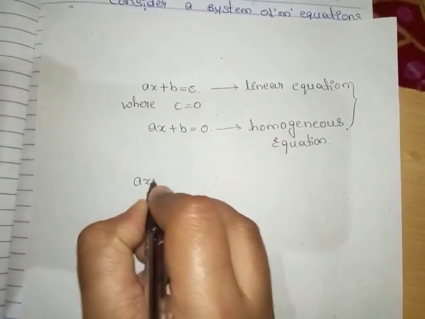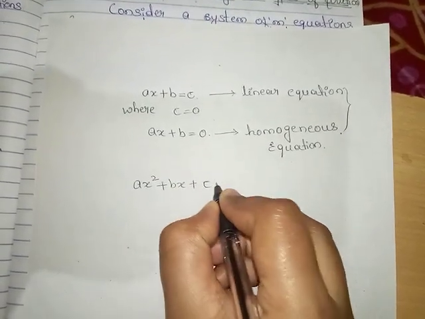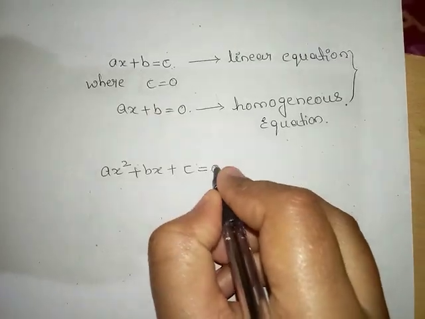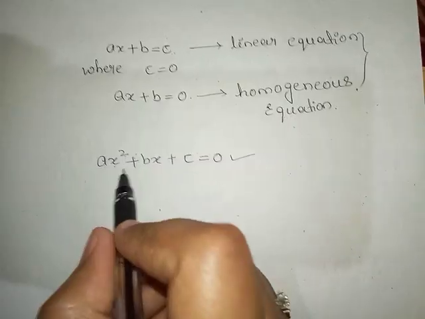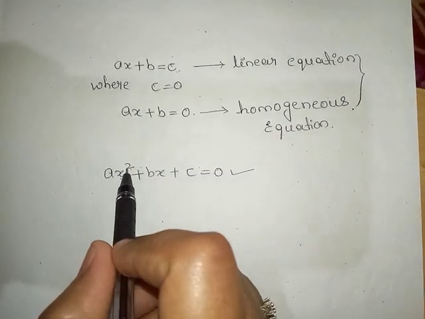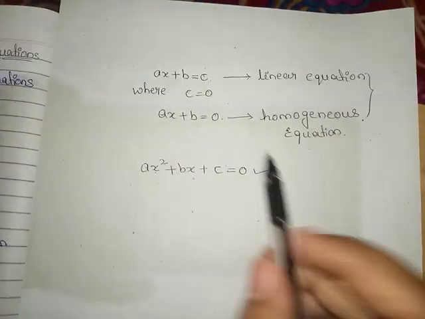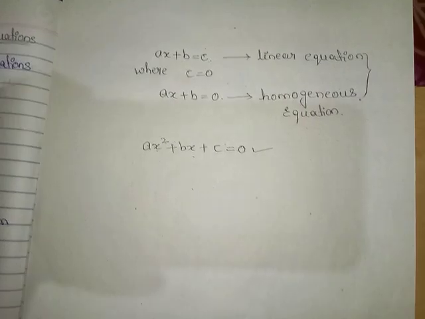The quadratic equation is ax square plus bx plus c is equal to 0. Here the highest degree is 2, so we say this is a quadratic equation, and the other is a linear equation. Homogeneous means the right-hand side constant should be 0.